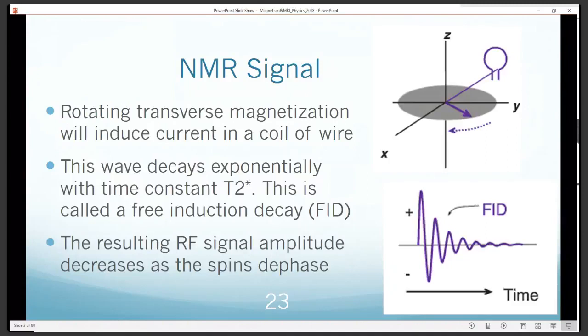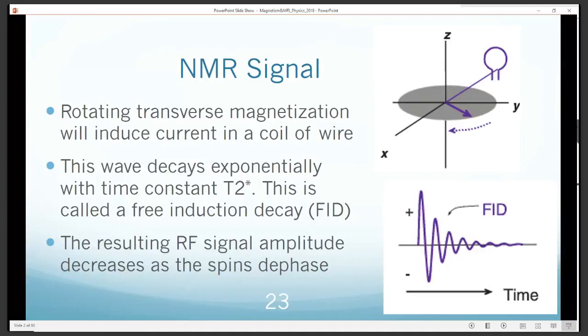And so it's going to be precessing still, even though it's in the transverse plane, at the resonant frequency. And we're going to be able to pick up a signal at that resonant frequency in our receiver coil, and it'll produce a decaying signal called a free induction decay, or FID.